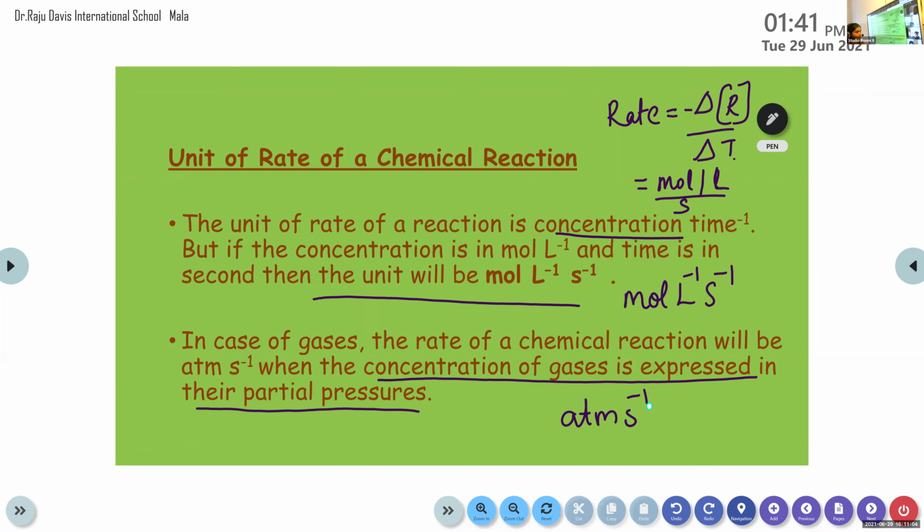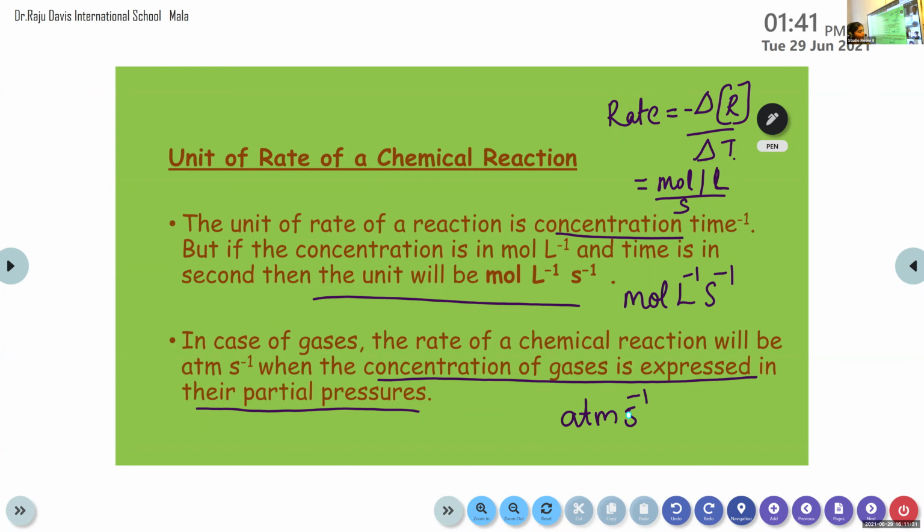The unit of pressure is atm, so it is atm per second. No need to write mole per liter. If concentration is used, it is mole per liter per second. Then in the case of gases, instead of concentration, we prefer partial pressures. So it will be atm per second.